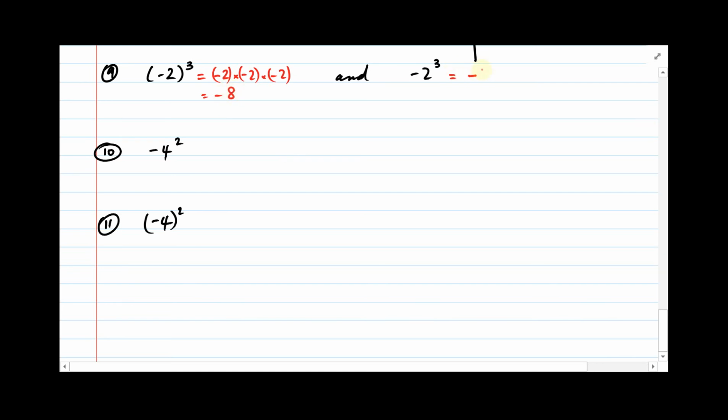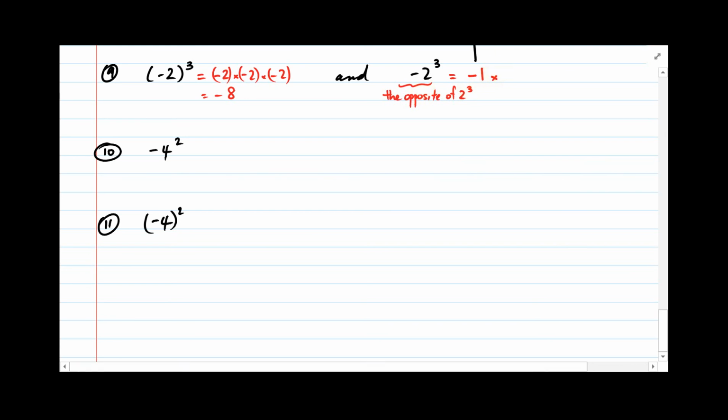It's the same thing that we get over here, but recall that this is thought of a little bit differently. Negative 2 to the third, or negative 2 cubed, should really be stated as the opposite of 2 cubed.